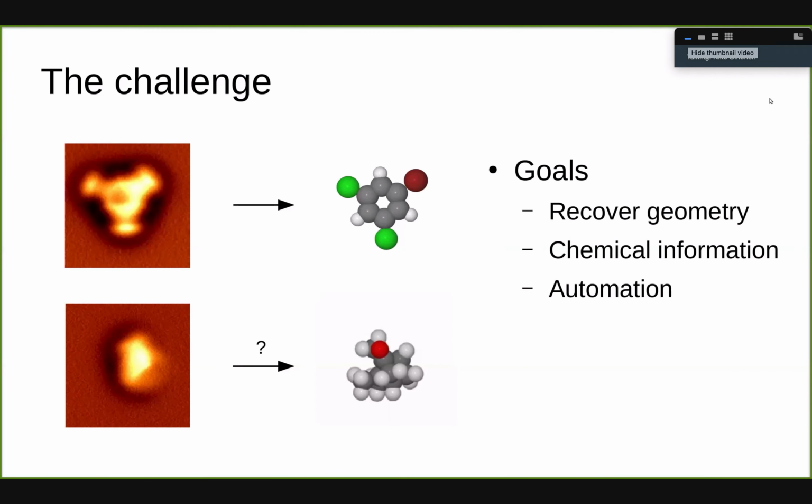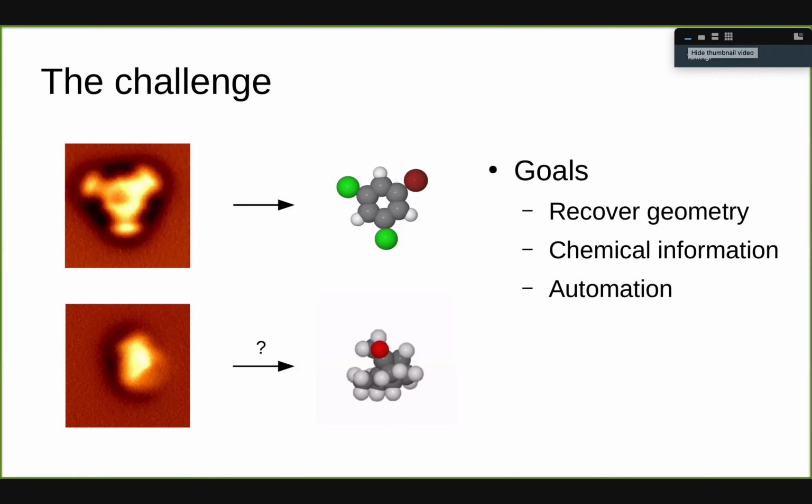So the kind of things that we're hoping to address with machine learning here is: can we recover the geometry of the sample from the AFM images, even in these more difficult cases? Could we get some more accurate chemical information like the electrostatics or the elements?